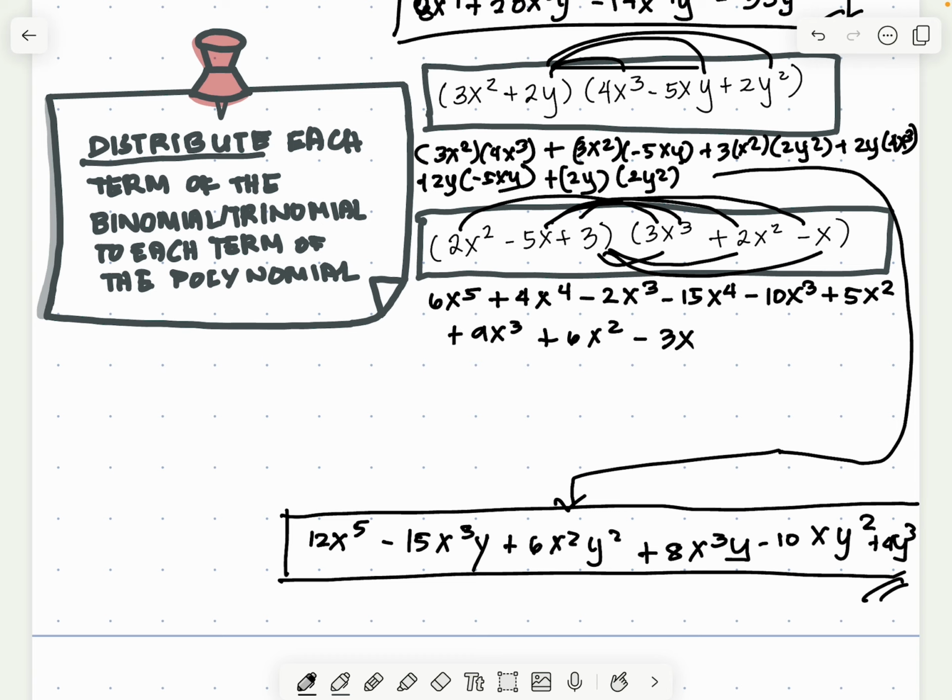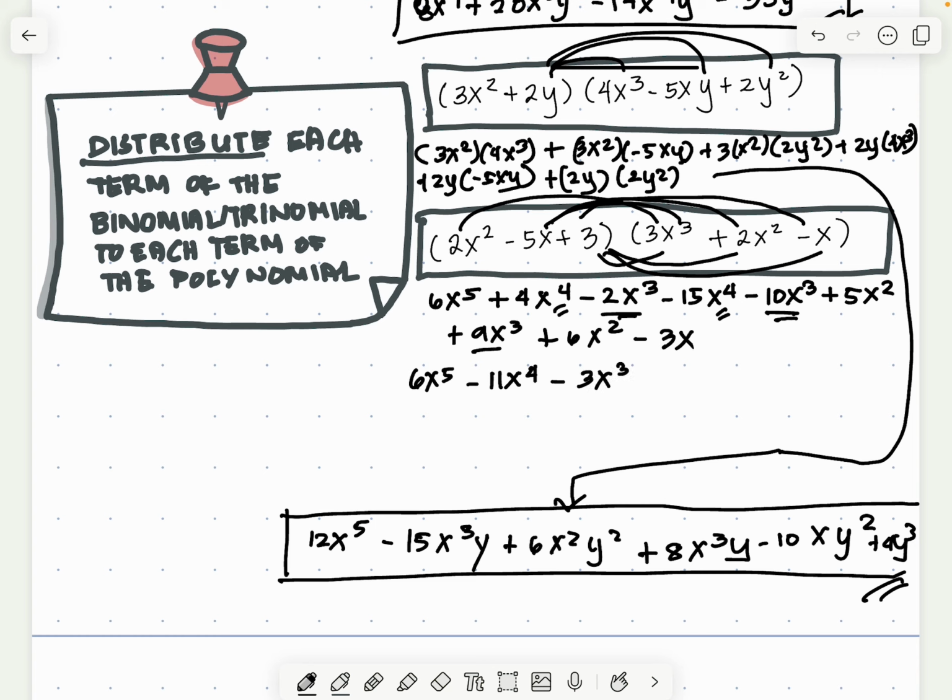And then let's combine similar terms. So x to the 4th and x to the 4th would be 6x to the 5th minus 11x to the 4th. And then for the cubes, you have negative 2, negative 10, negative 12, and positive 9, so that would be negative 3x cubed.